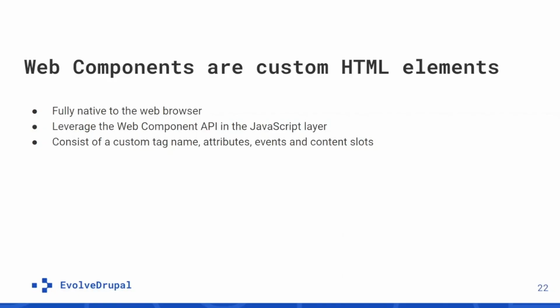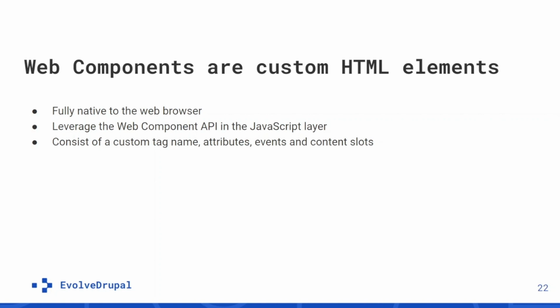So let's start with what makes a web component. First off, web components really did come up with the JavaScript frameworks. They're fully native to the HTML web browser. So it's not just that the JavaScript framework creates these web components. They're created in the web browser using what's called the Web Component API.